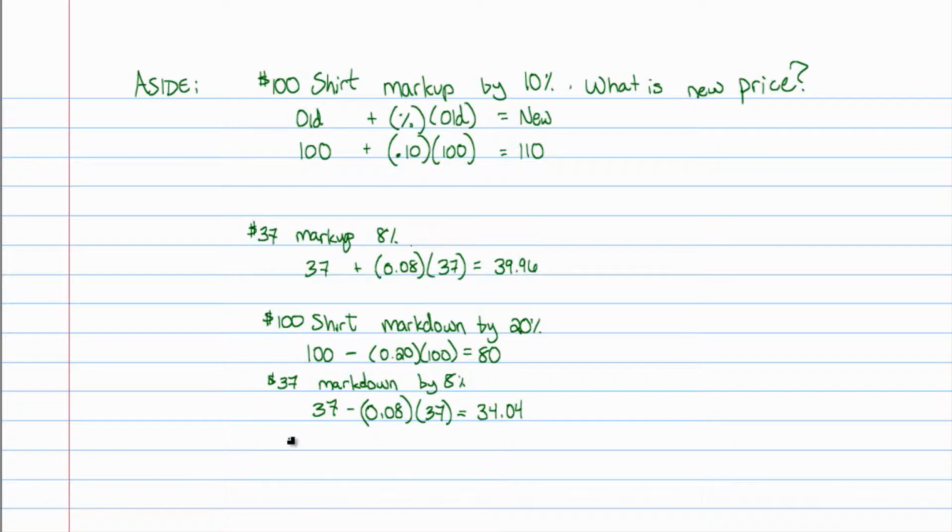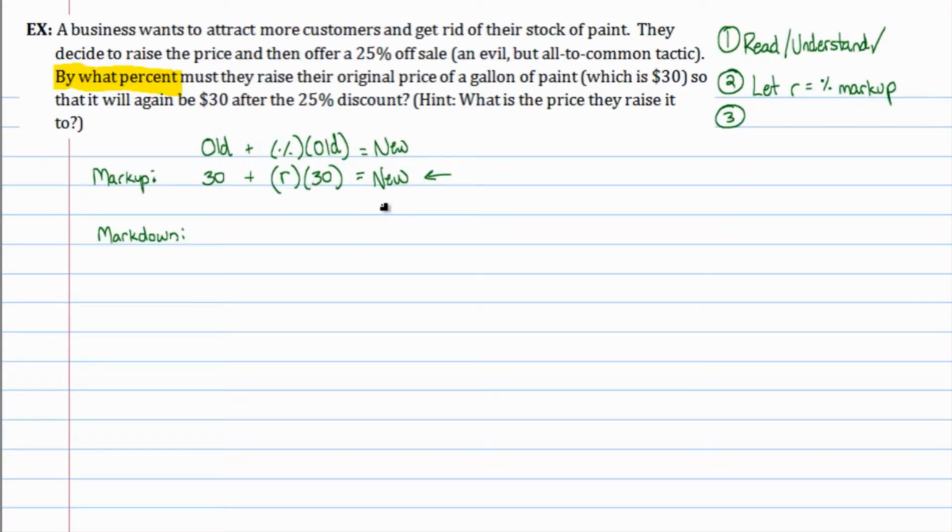By the way, it means that to figure out what a markdown is, you take the old price and you're going to lose a certain percentage of that old price to become your new price. Oops, there should be an equal sign there. So the markdown, we have some old price. Well, wait a second. It's just been marked up, right?